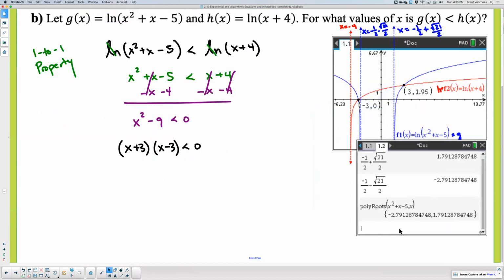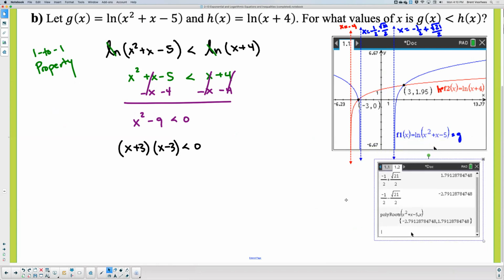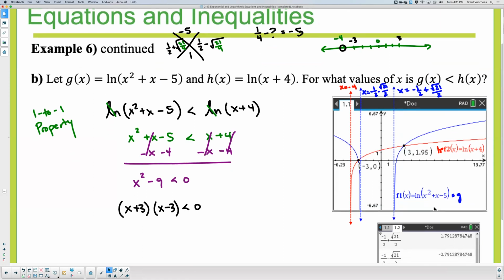What we have here are these two values that I'm going to add in. This right here would be -2.79, would need to be in here somewhere. -2.79. And then you would also need to add in 1.79.